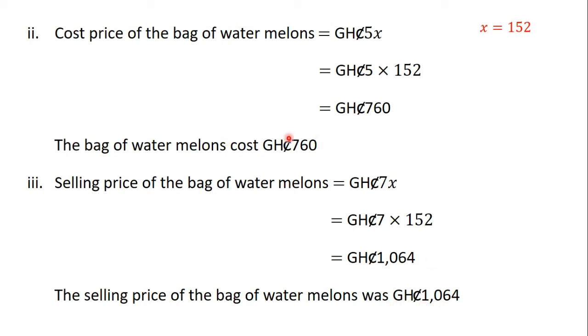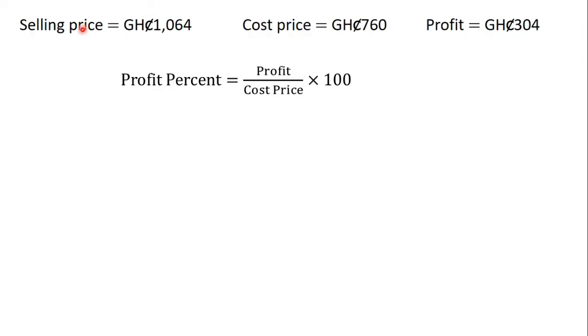So we have found the cost price to be 760 Ghana cedis, and we have found the selling price to be 1064 Ghana cedis. So we have the selling price as 1064 Ghana cedis, the cost price as 760 Ghana cedis, and the profit as 304.